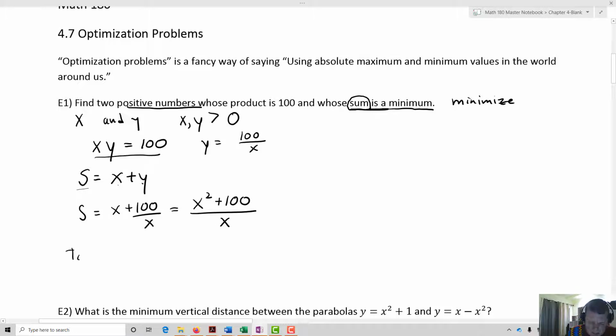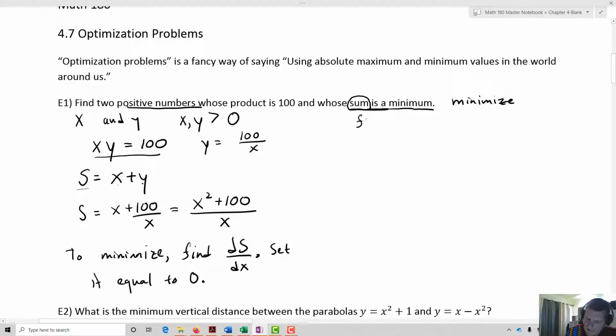Now, to minimize, I'm going to find dS/dx. We don't have to do any implicit differentiation this time. I'm going to find dS/dx and set it equal to 0. So we have that S is x squared plus 100 over x. I'll let f of x equal x squared plus 100, and f prime of x equal 2x.